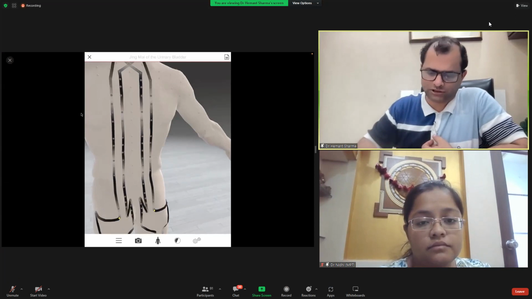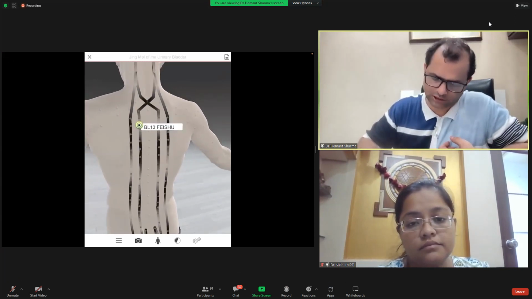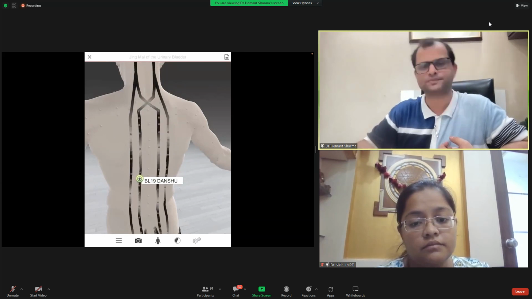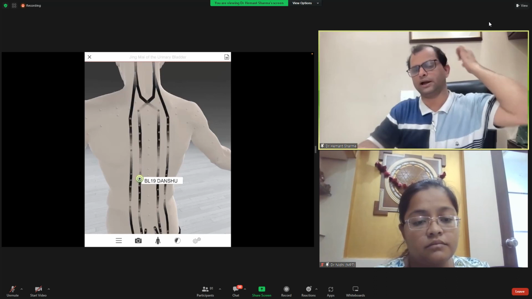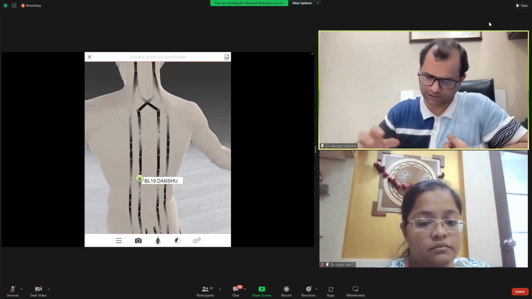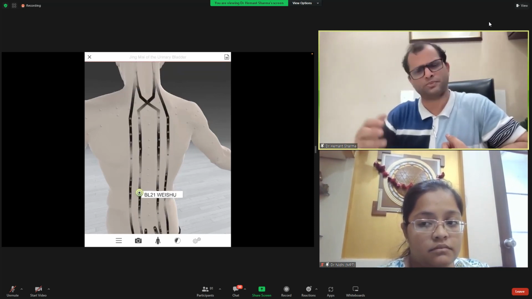If you see this image, this chart, UB 11, 12, 13, 14, 15, 16, 17, 18, 19. Right? We know that 18 is the back-shu point of the liver, 19 is the back-shu point of the gallbladder, 20 is the back-shu point of the spleen, 21 is the back-shu point of the stomach. We already know that.